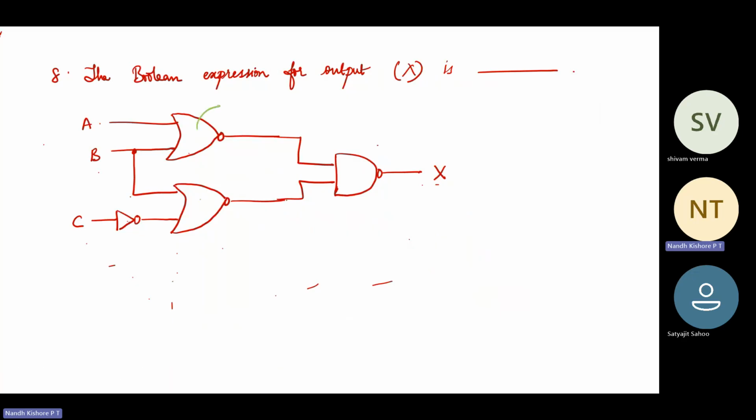This gate is an OR gate, and there is a bubble, which means this is an OR gate. This also is an OR gate, and this is a NAND gate. So we have A coming over here, B coming over here, which means that after the OR, it's going to be A plus B the whole bar, right? You have C coming over here inverted, so C bar. So which means B plus C bar the whole bar.